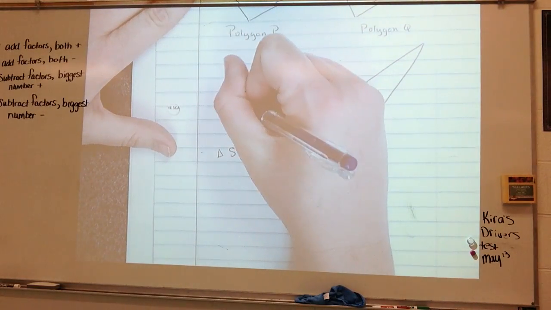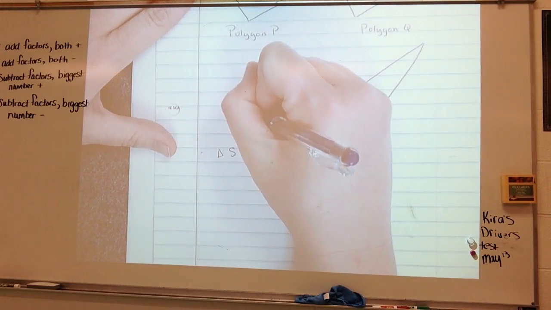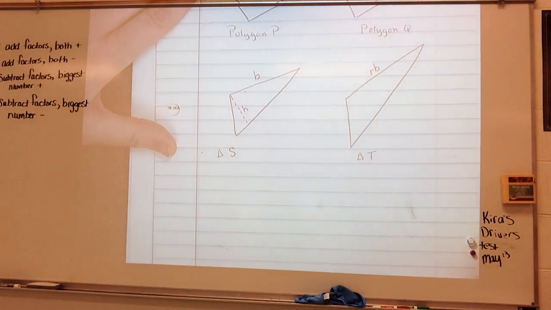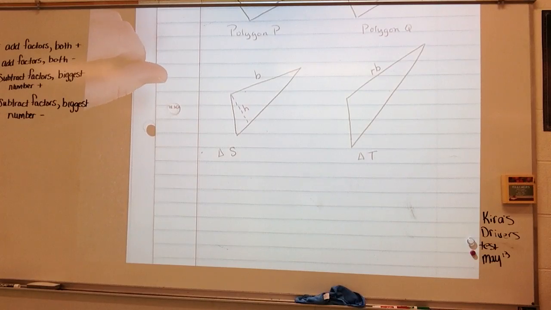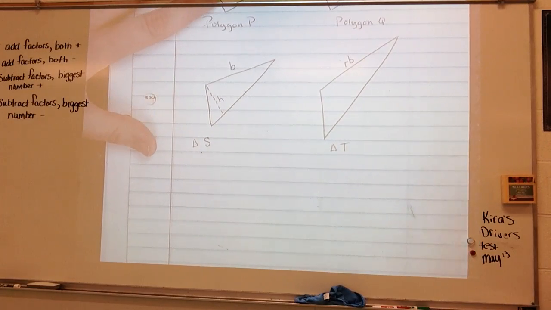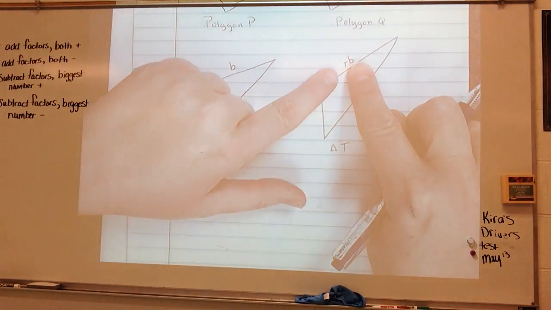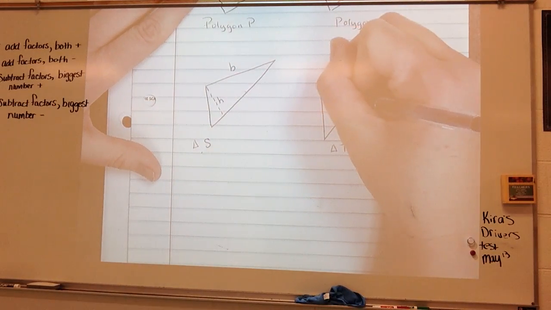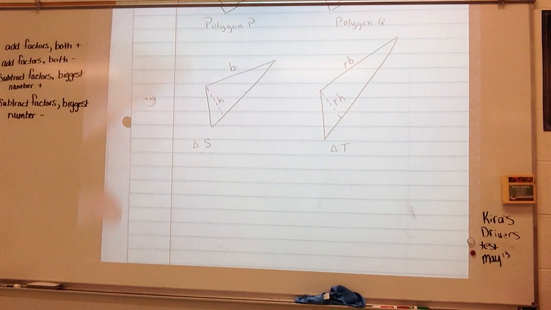So here's my base, and here's my height. Remember we have a scale factor of R. So we would be multiplying this by a scale factor of R, which means I'm also multiplying this by a scale factor of R.